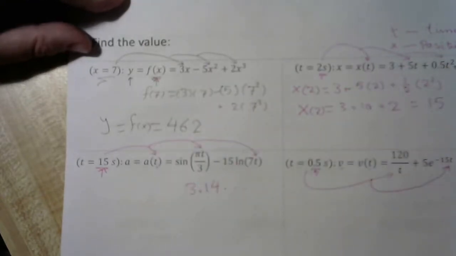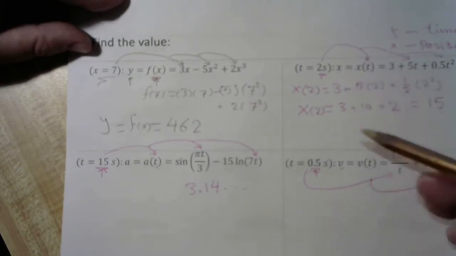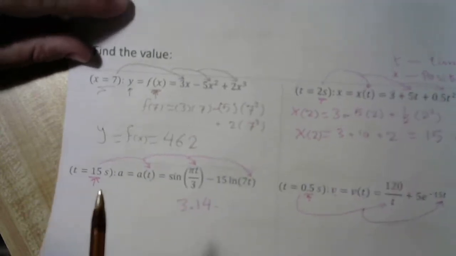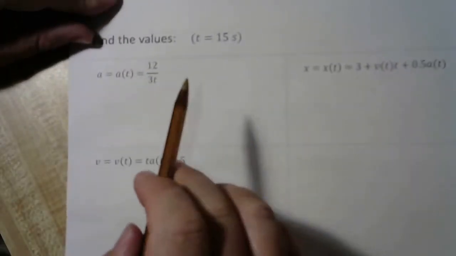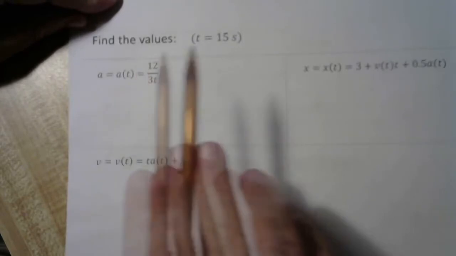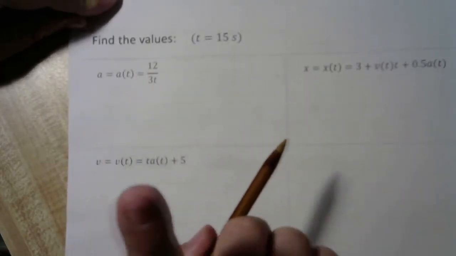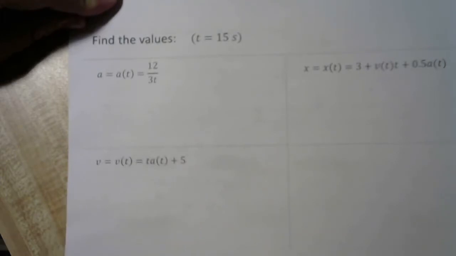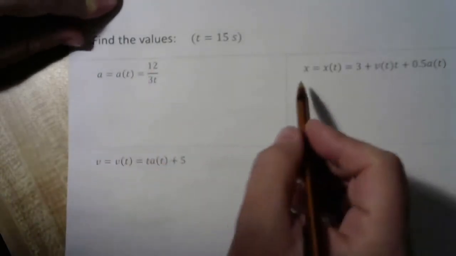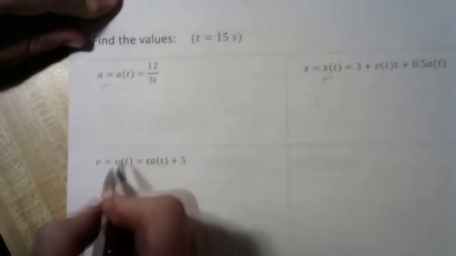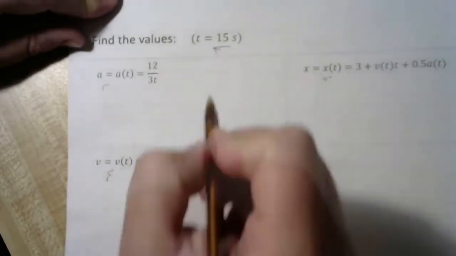Here I need to compute the position, and there is no relation between this position and this velocity and this acceleration. Now I need to use acceleration, position and velocity for one body, and I need to find the position, the acceleration and the velocity at t equal 15 seconds.